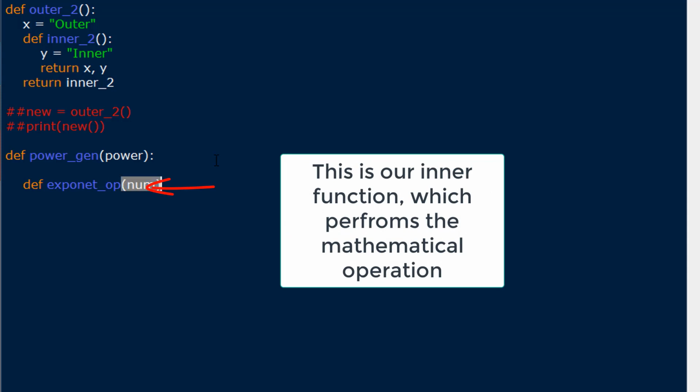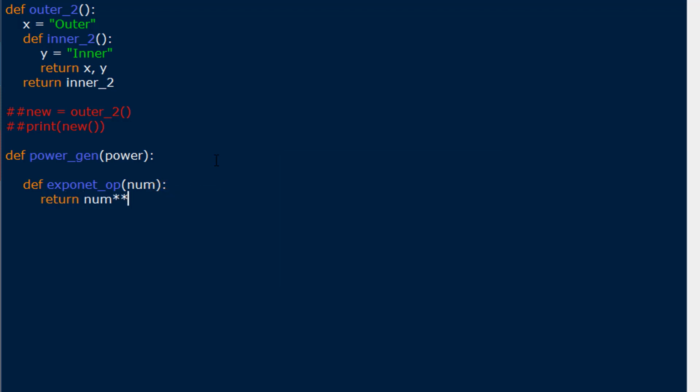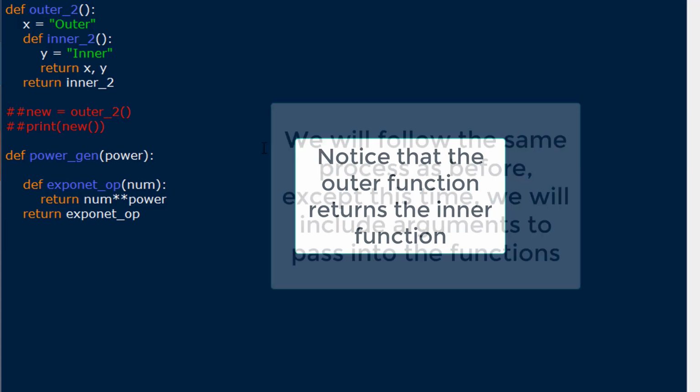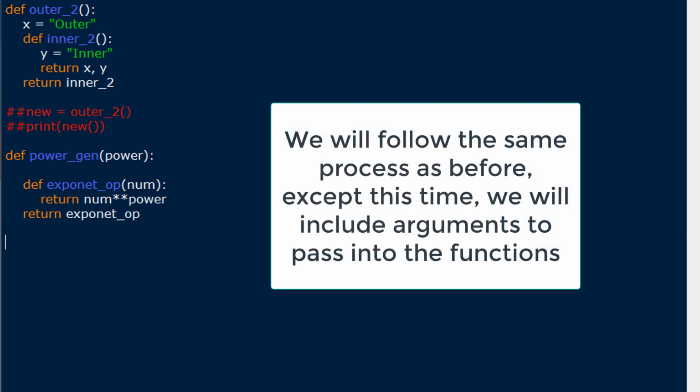In this case, our outer function, PowerGen, every time it's called, it creates the function exponent up. We need to return the inner function in order to access the inner function's return statement.